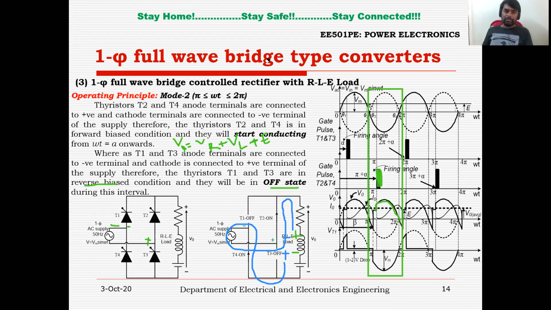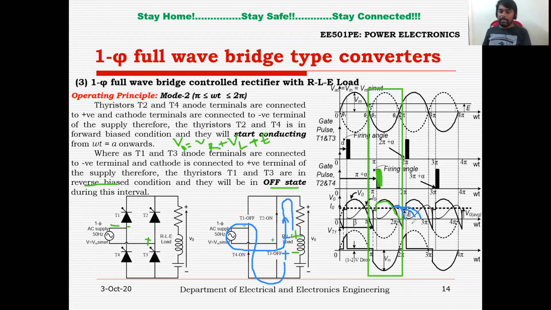This is the direction of current during the discharging period. T2 and T4 are still in conduction state, and they will be carrying this discharging current. So you can see the inductor is discharging here. It may discharge here, it may discharge here. That depends upon the value of the inductor.